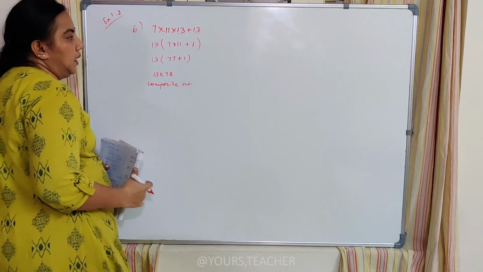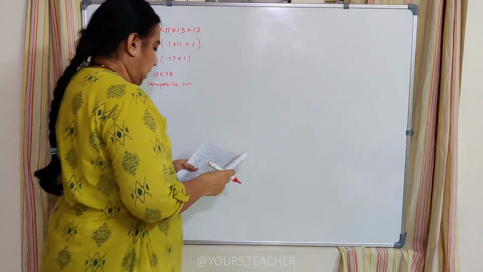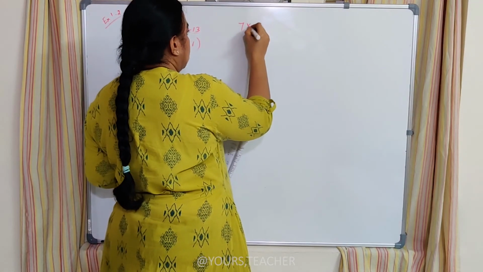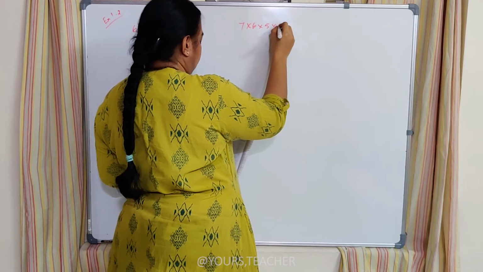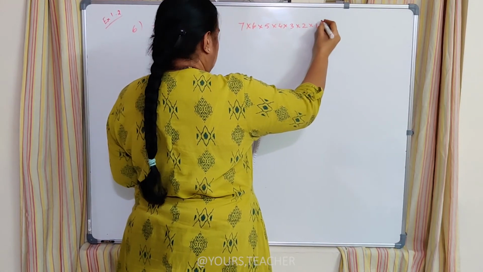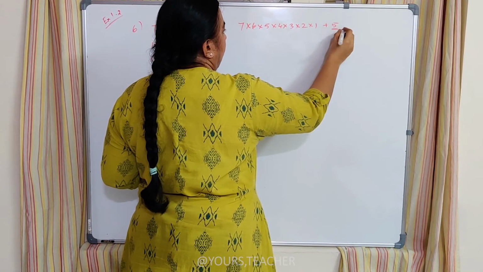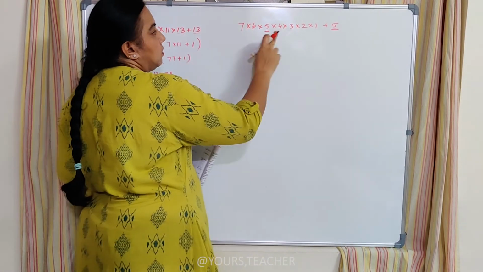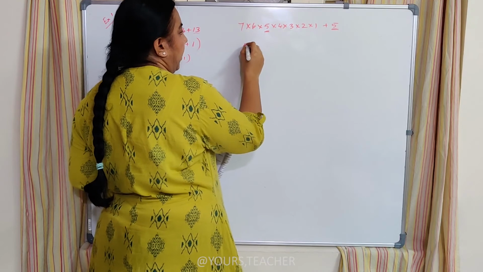Then the next number is 7 into 6 into 5 into 4 into 3 into 2 into 1 plus 5. Here again I have a 5 and here a 5. These two are common, so I am taking 5 outside.